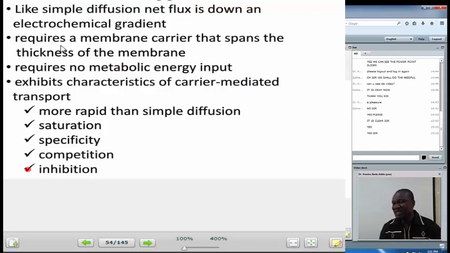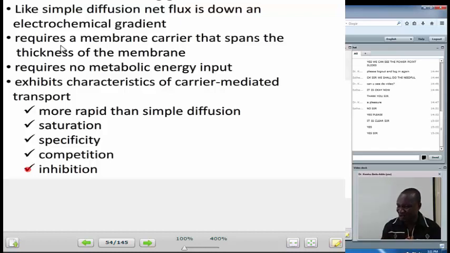Right. It's the same way similarly structured particles will compete for the same carrier. So D-glucose, L-glucose will compete for the same carrier. And the carrier is said to exhibit competition.